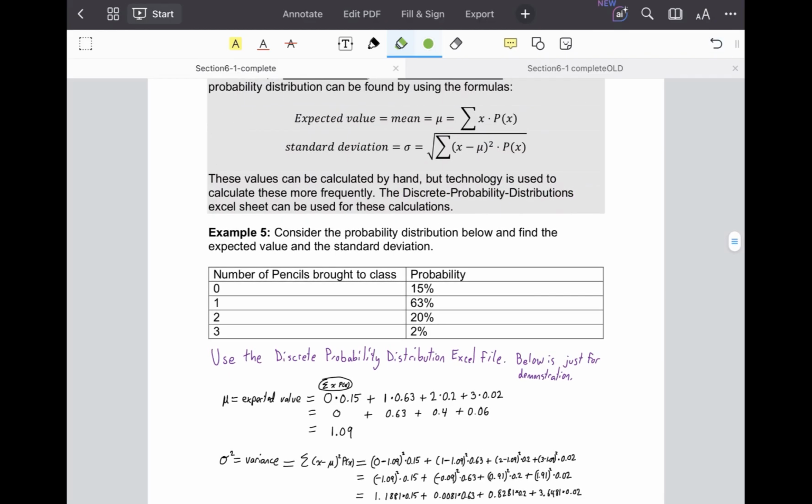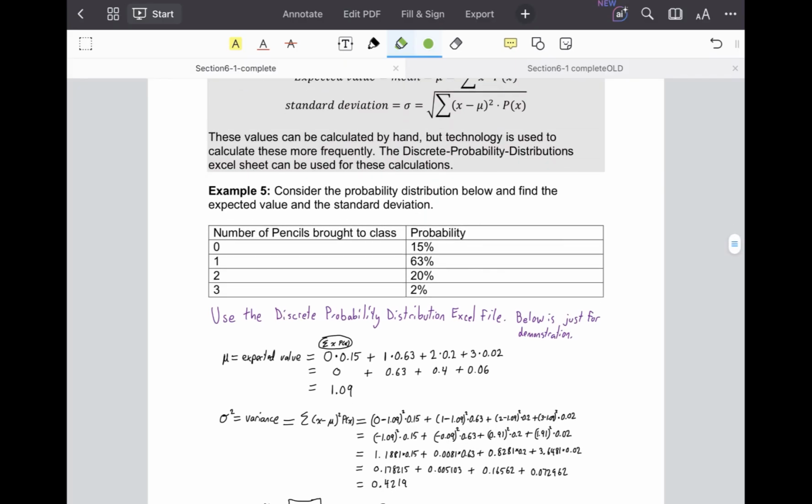Now, the mean, this formula here, I just want to talk about it a little bit. It takes each of the x values, the random variable values, and then multiplies by the probability of that x value. And then that sigma here is the sum of all of those products.